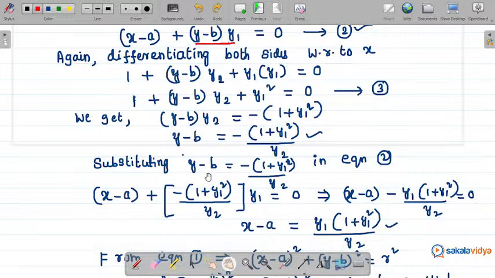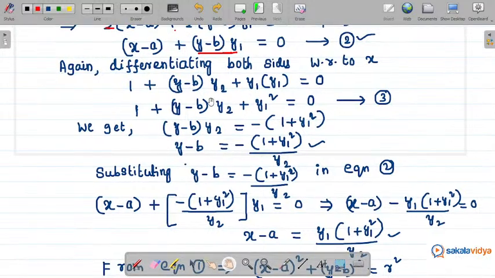Substituting (y minus b) equals minus of (1 plus y1 square) by y2 in equation 2, what do we get? (x minus a) plus minus of (1 plus y1 square) by y2 into y1 is equal to 0. So we can write (x minus a) plus minus y1 times (1 plus y1 square) by y2 is equal to 0.